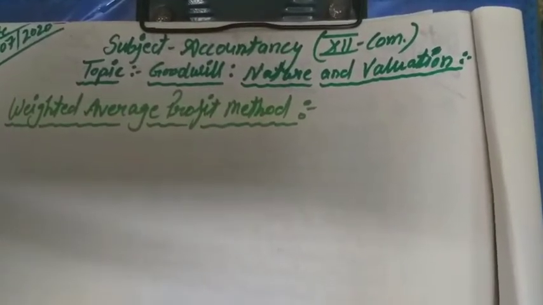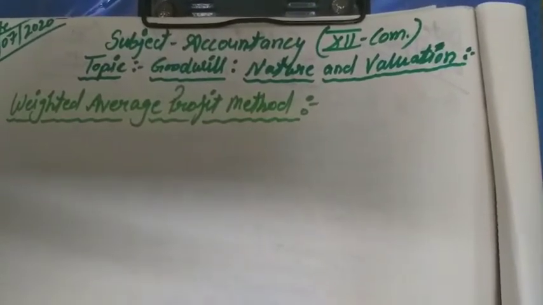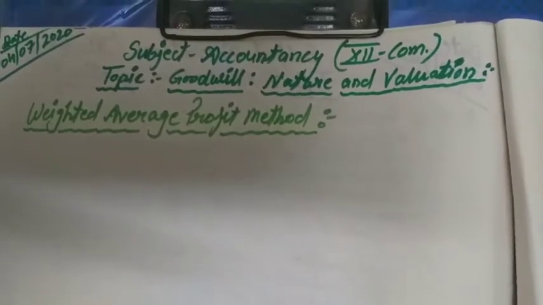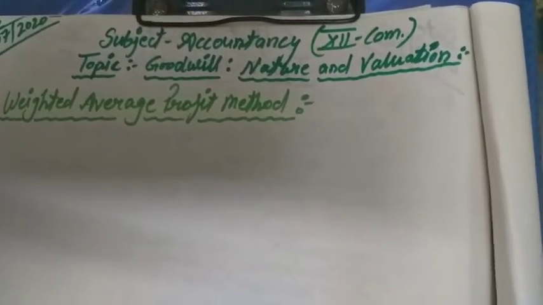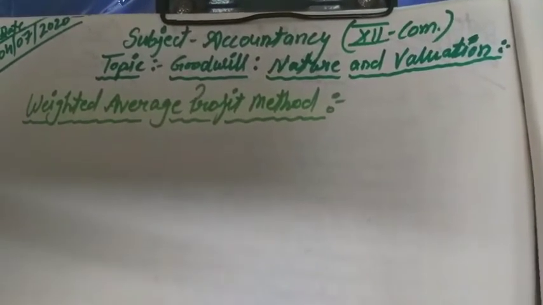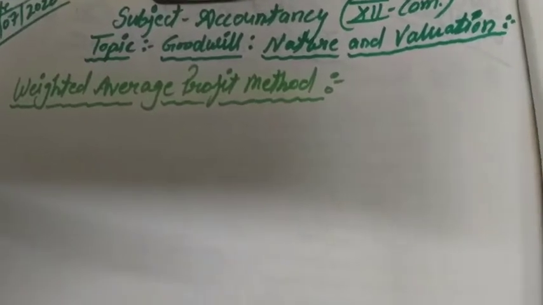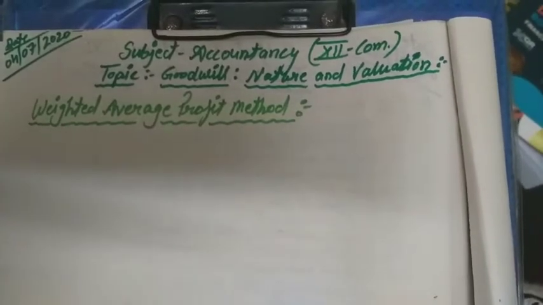The first one is the simple average profit method, which we covered in the last class, and today we will cover the weighted average profit method to evaluate the goodwill of the firm. First of all, we should learn what a weighted average profit method is. In this method, each year's profit is assigned a weightage.